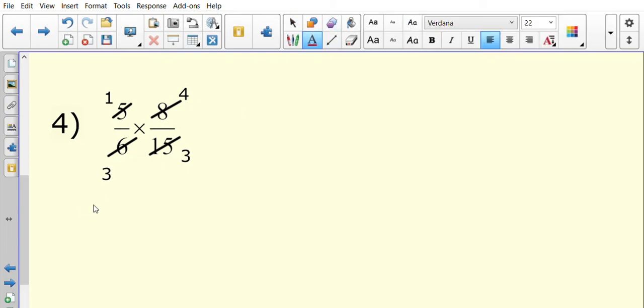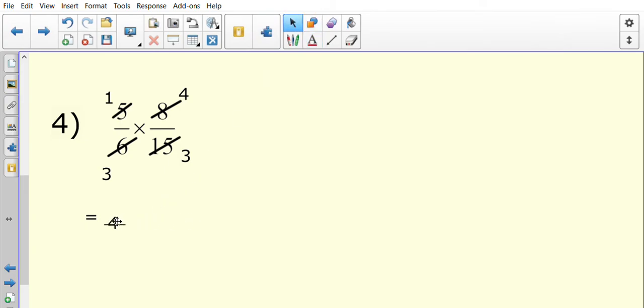So now when I multiply these together, looking at the numerators first, so looking at the tops, I now have 1 times 4, which is 4. And looking at the denominators, so the bottoms, I have 3 times 3, which is 9. Therefore, my final answer, which cannot be simplified any further, is 4 over 9.